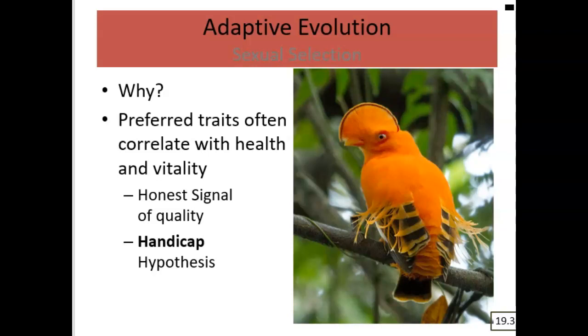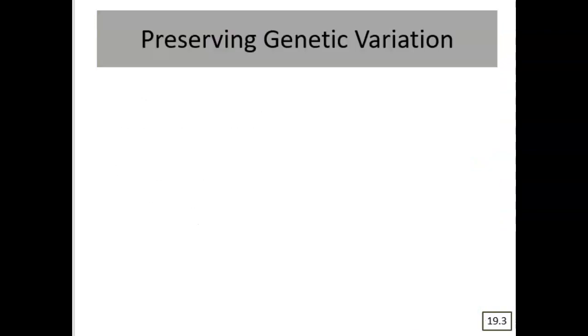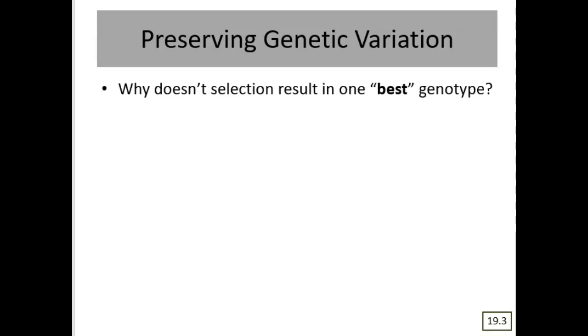All right, so now I'm going to ask the next question, which is, if natural selection and sexual selection are selecting for the most successful at surviving and reproducing, why is it we don't end up with every single individual in a population being identical?